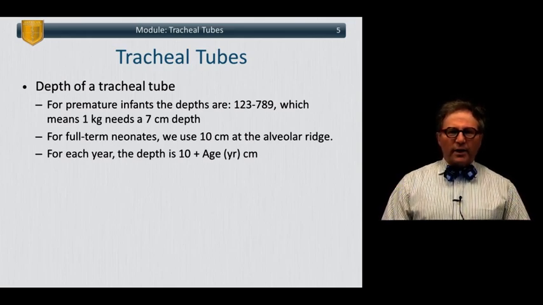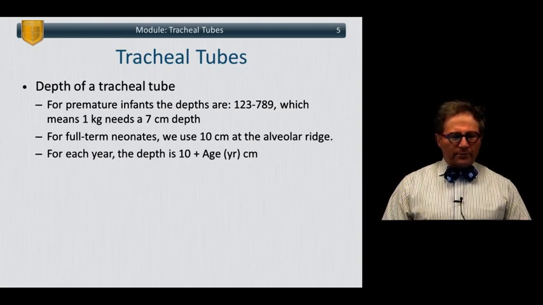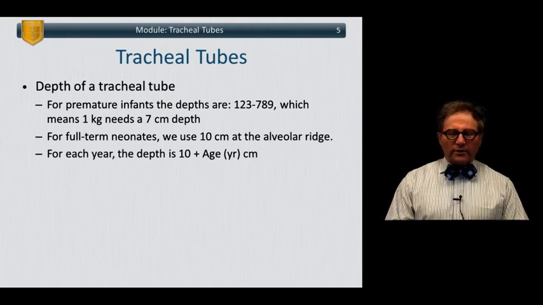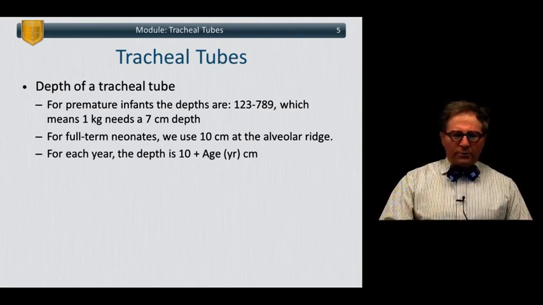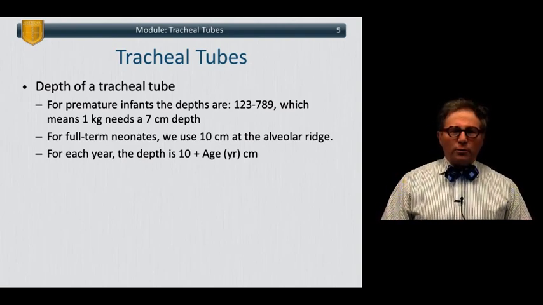That is 7, 8, or 9 centimeters for the corresponding weight. For full-term neonates, we use 10 centimeter markings at the alveolar ridge for most babies. And then thereafter, the depth is 10 plus the age in years. So in a 2-year-old, the tube should be taped about 12 centimeters at the alveolar ridge.